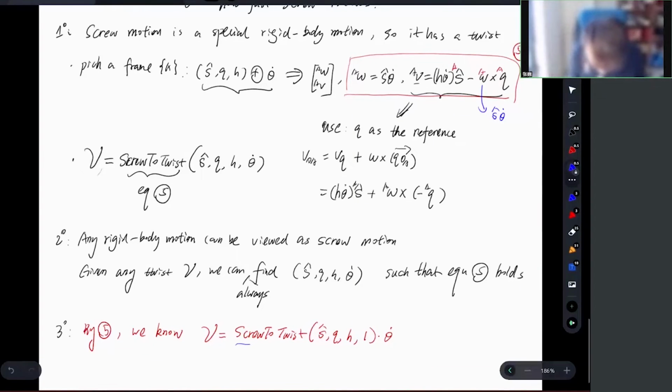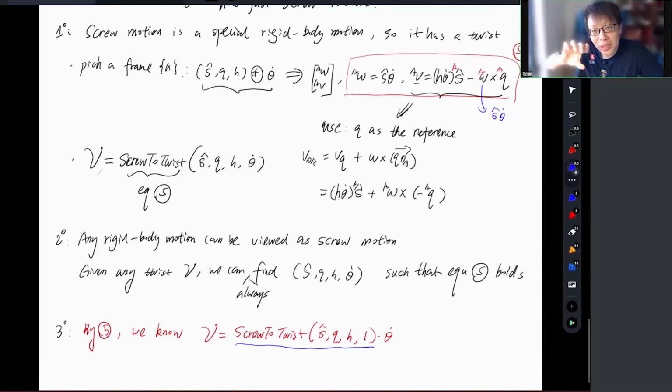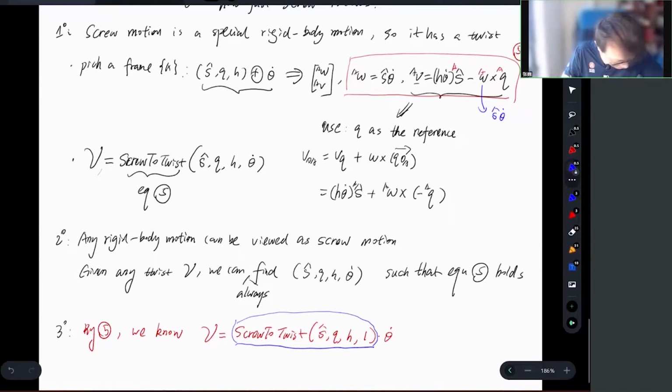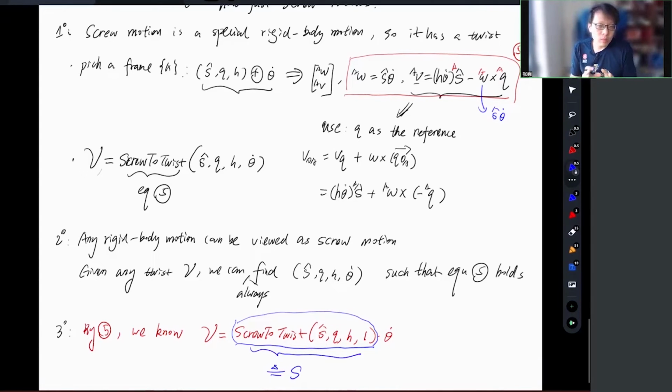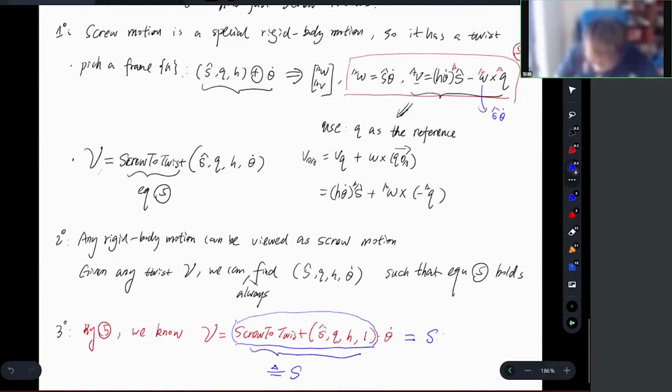If I say rotating at unit speed, I will have a corresponding twist. I can define this as S. The notation is sometimes a little confusing, so I will write this as S times theta dot.